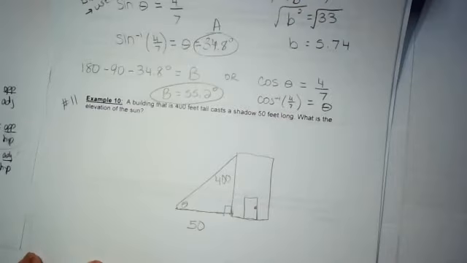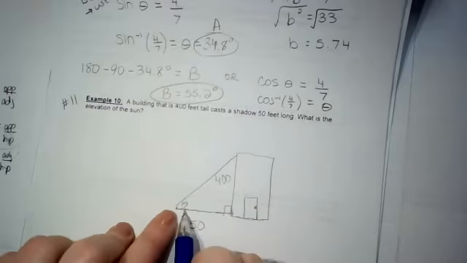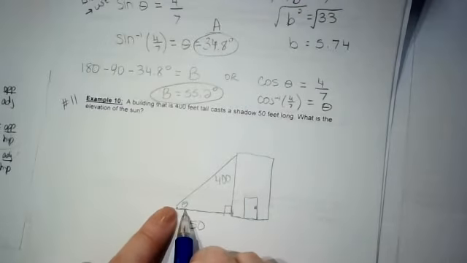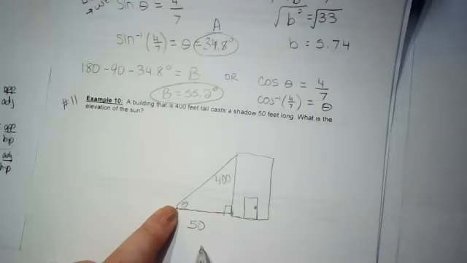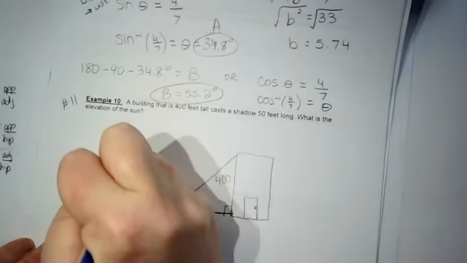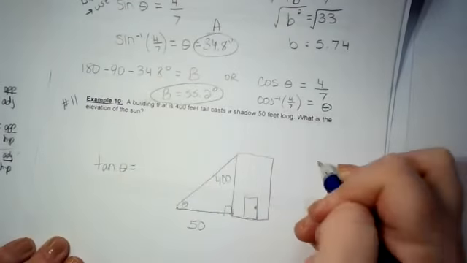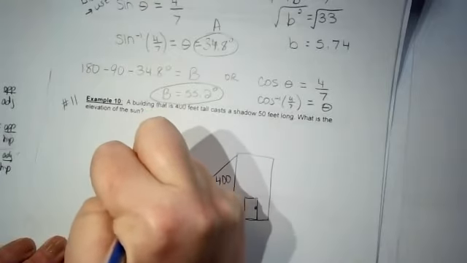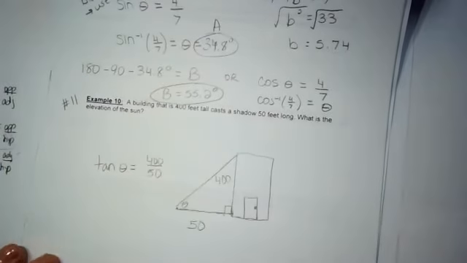We're just finding this. All right, here we go. So if this is my angle that I'm looking for, and I am given opposite and I am given adjacent, who am I going to use? Which part of SOHCAHTOA is opposite and adjacent? Tangent. Okay, that means my tangent theta is going to be opposite over adjacent.